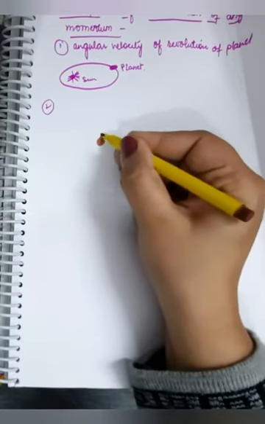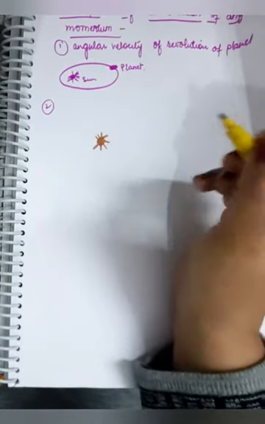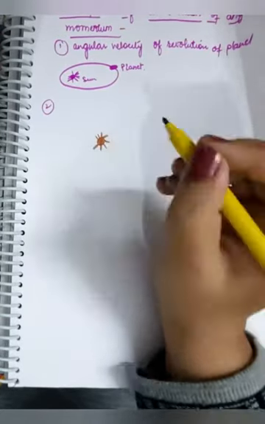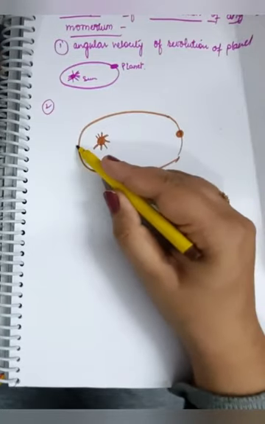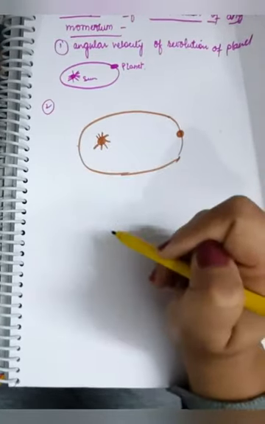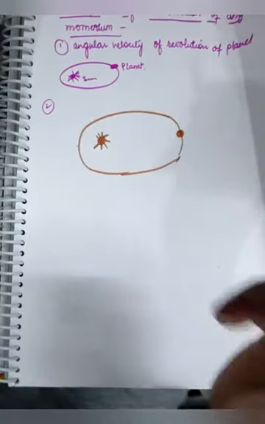This is the sun, which is present at the focus, and this is the orbit of the planet, and this is the position of the planet. So the planet revolves around the sun in an elliptical orbit, always remember that, and not in a circular orbit. The question that can be asked is, why does the angular velocity of the planet increase when it comes closer to the sun? So let's have a look at why this happens.